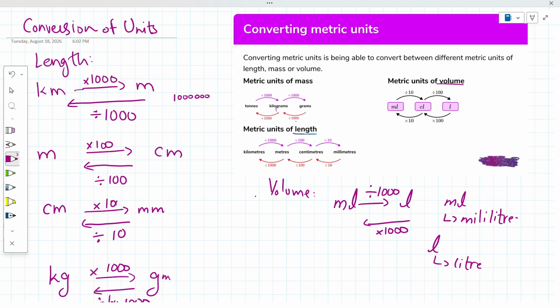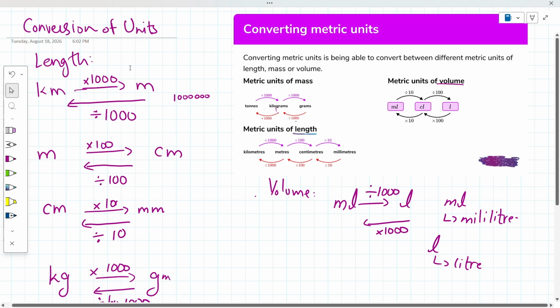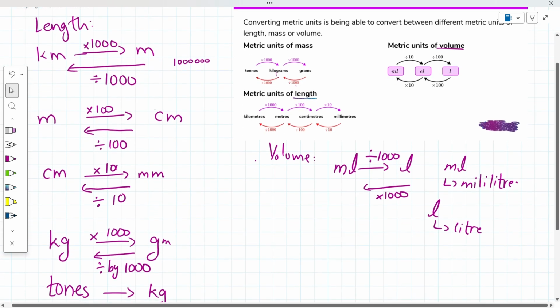From kilometer to meter we multiply by 1000, and from meter to kilometer we divide by 1000. Same way, from meter to centimeter we multiply by 100, and from centimeter to meter it is vice versa, divided by 100. So I hope this is easy.